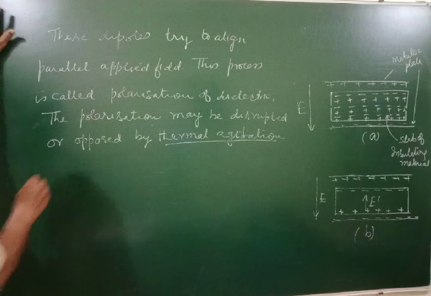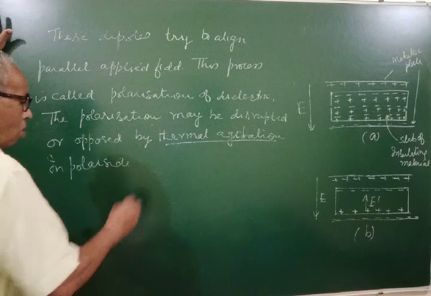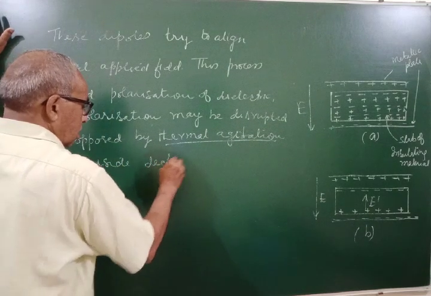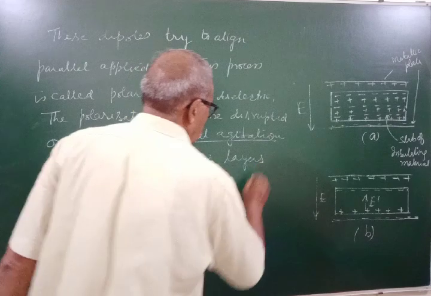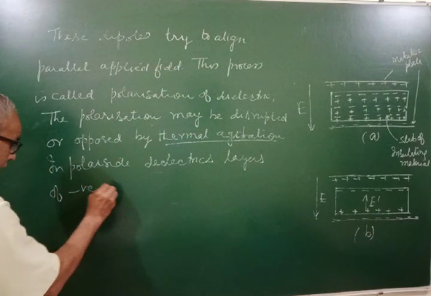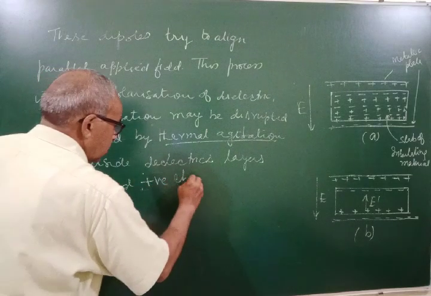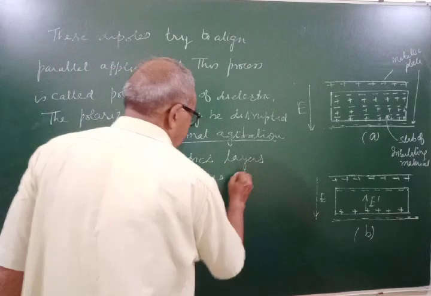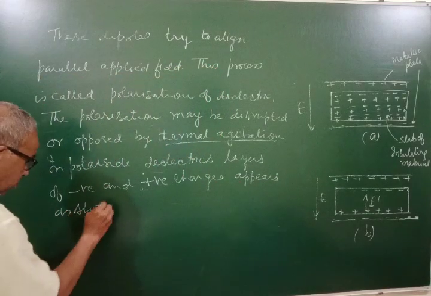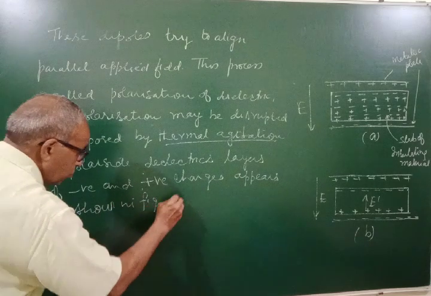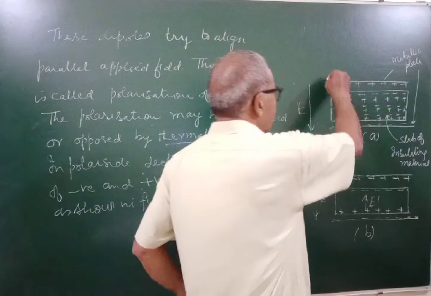But in polarized dielectrics, layers of negative and positive charges appear as shown in figure A. In figure A, there are two metal plates having equal and opposite charges producing an electric field inside.